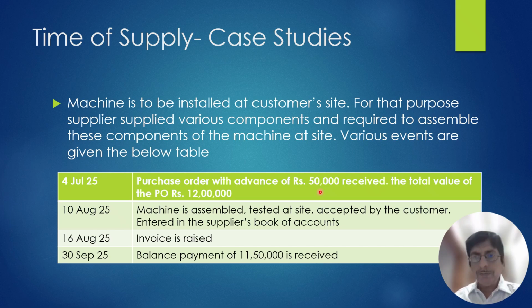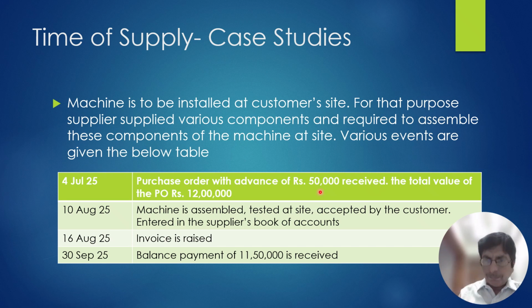So on the receipt of advance, the GST liability is not triggered. The GST is payable according to notification number 66/2017 when the time of supply for the other components arises. Okay, that we will see. So this is the first point.